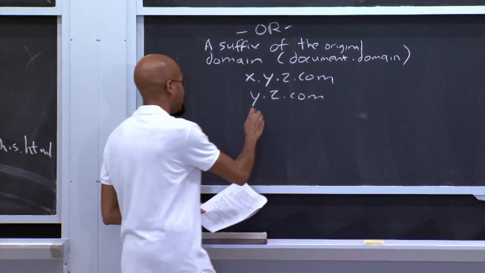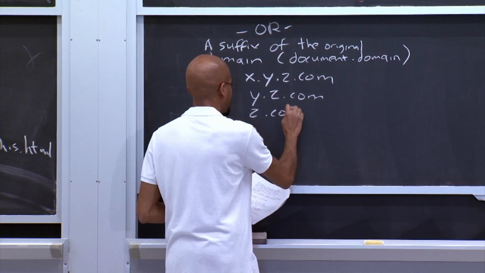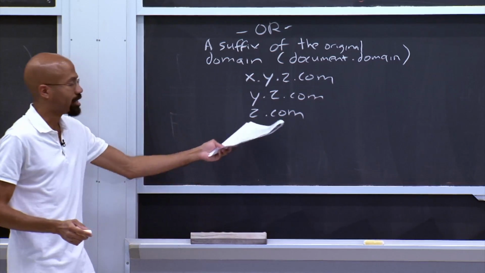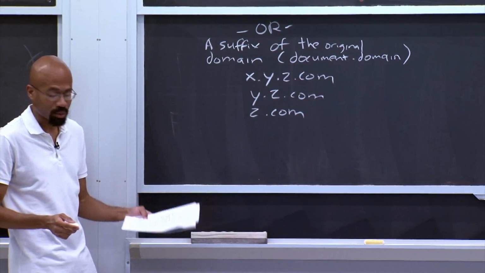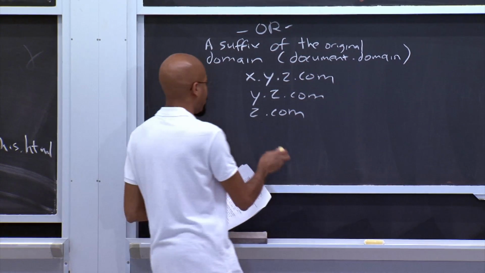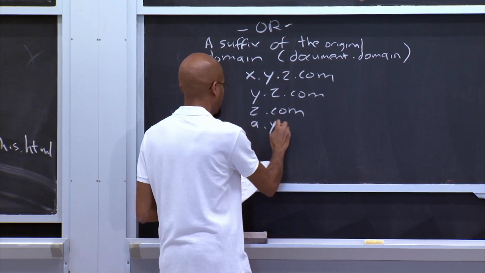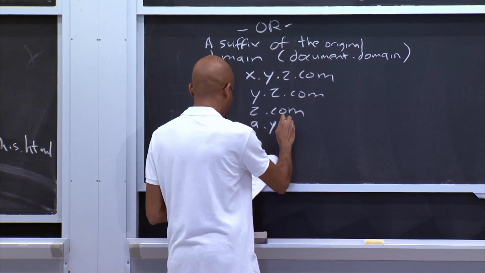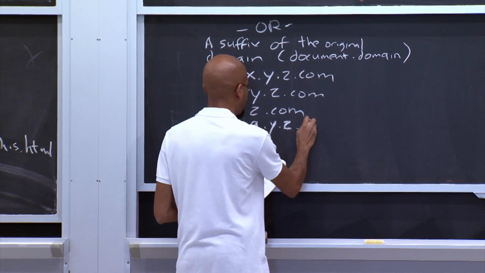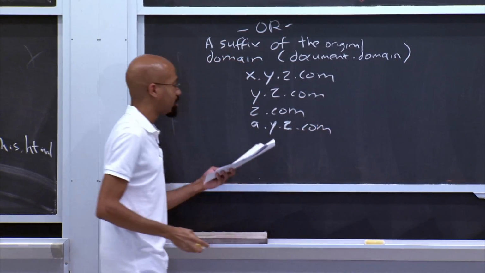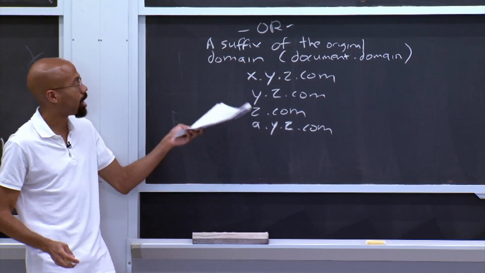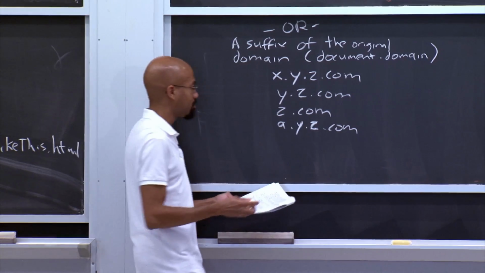And then similarly, it could also set document.domain to z.com and effectively reset its origin like that. Now, what it cannot do is set document.domain to a.y.z.com. That's disallowed because this is not a proper suffix of the original origin.